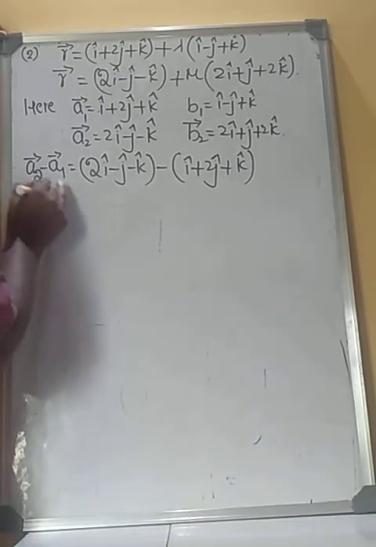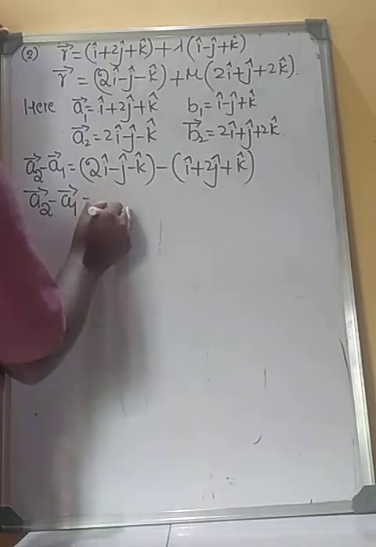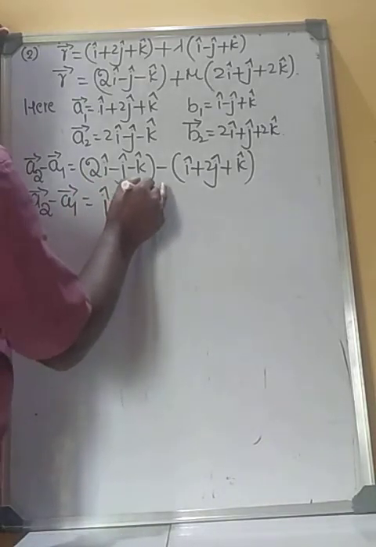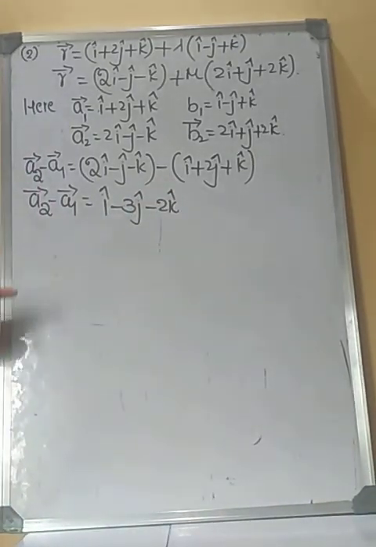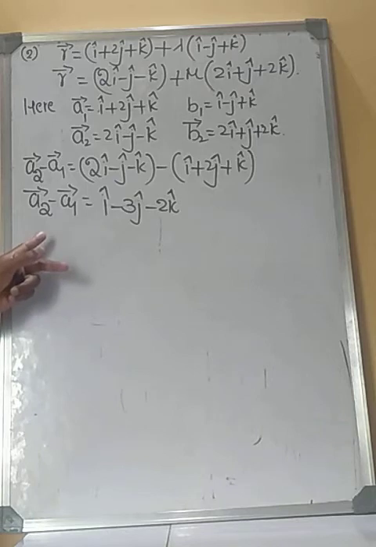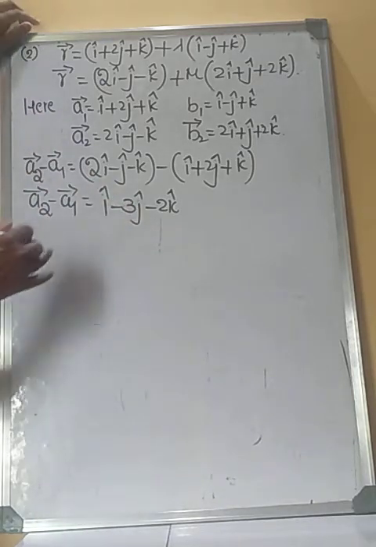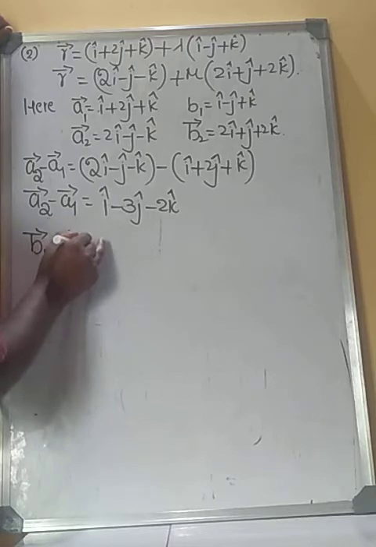Therefore, A2 minus A1 is equal to i minus 3j minus 2k.